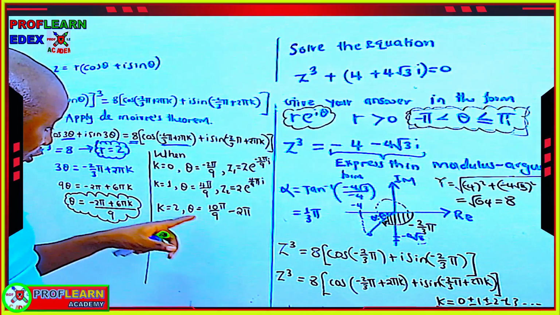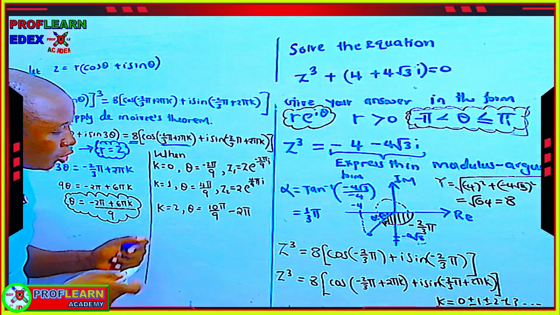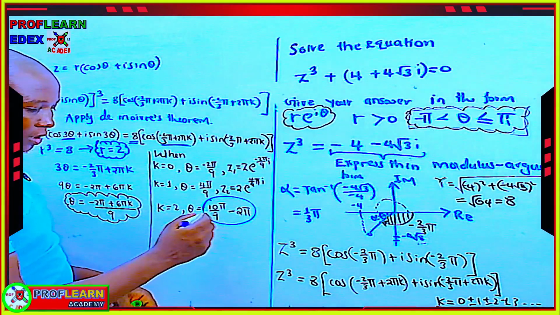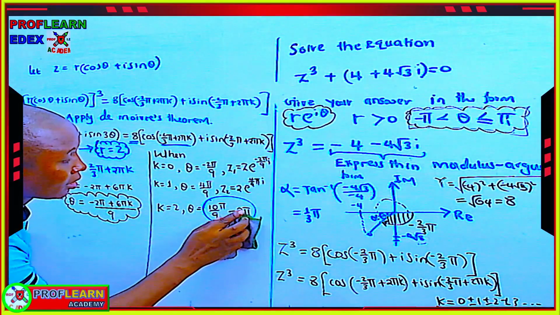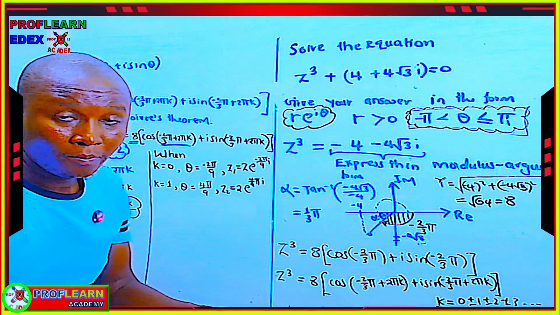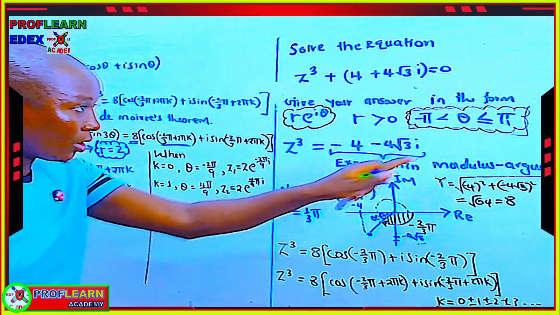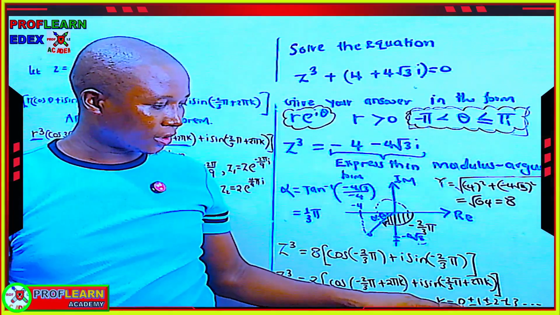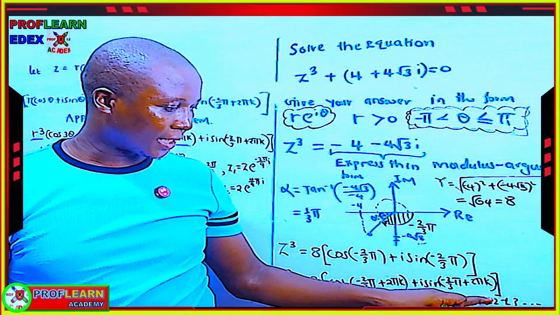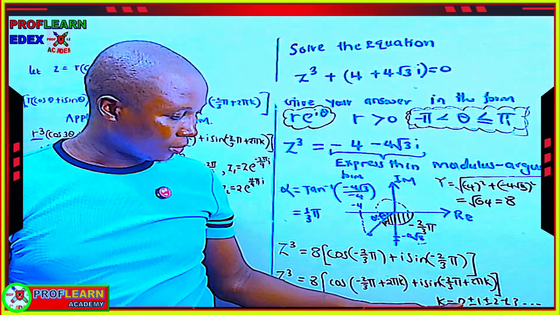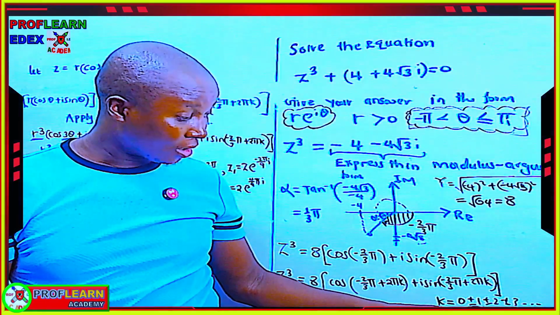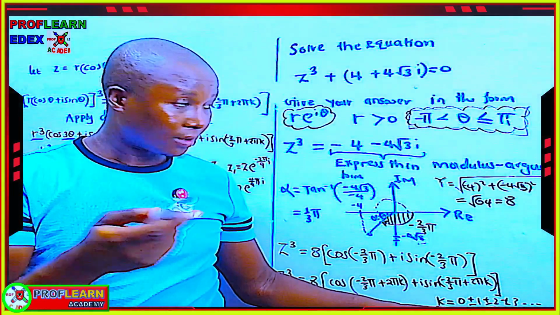If you go for this case, you have to ensure you are reducing your answer to be within this range by subtracting. But otherwise, you can avoid going that direction, because remember we said k should be 0, plus or minus 1, plus or minus 2 and so on. Now we used 0, which is within the range. We have used 1, which is within the range. If you use 2, it will be more than the angle that we are told.